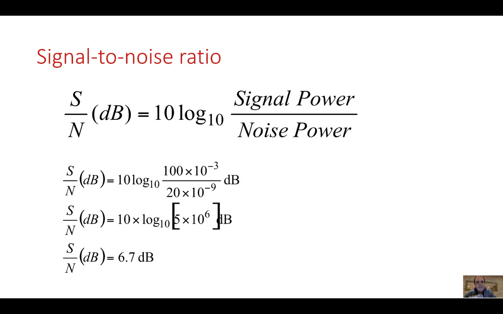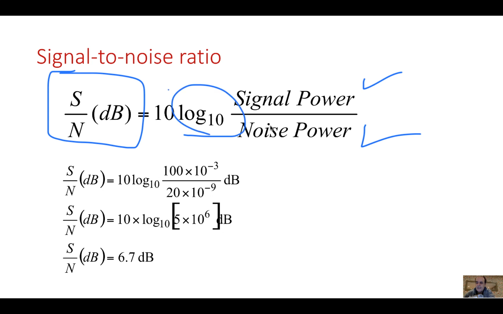The limit that we have really upon the capacity of any link is related to the signal power and also the noise power inside the system. So we define what's called the signal to noise ratio, and the signal to noise ratio in decibels is really just the power of the signal divided by the noise power, and then we take the log base 10 and multiply it by 10, and that gives us our signal to noise ratio in decibels.